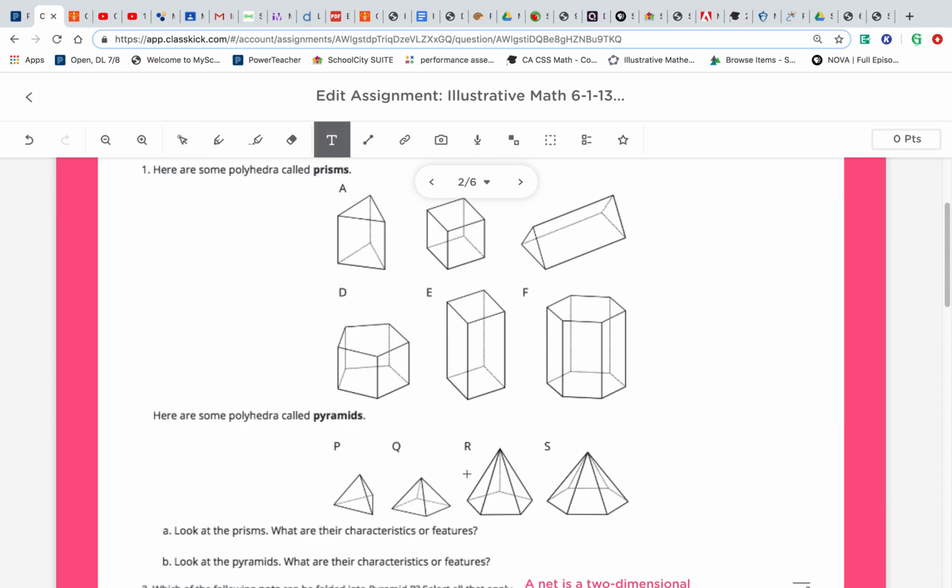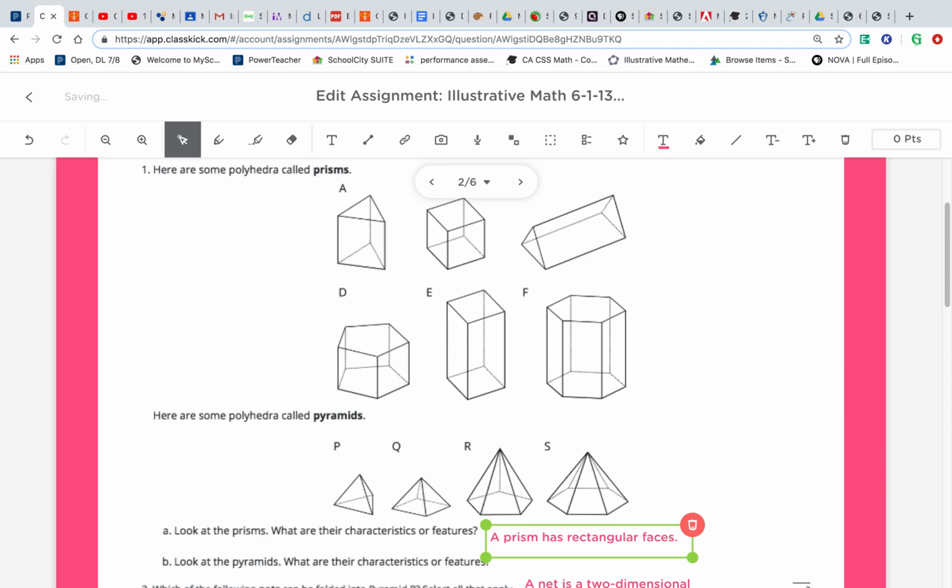Let's see, for one thing, if you look at the prisms, you might notice that a prism has rectangular faces. You should be able to see that, rectangular faces. And some of those faces are parallel to one another. But as you can see here, it doesn't have to have all of the faces be rectangles.